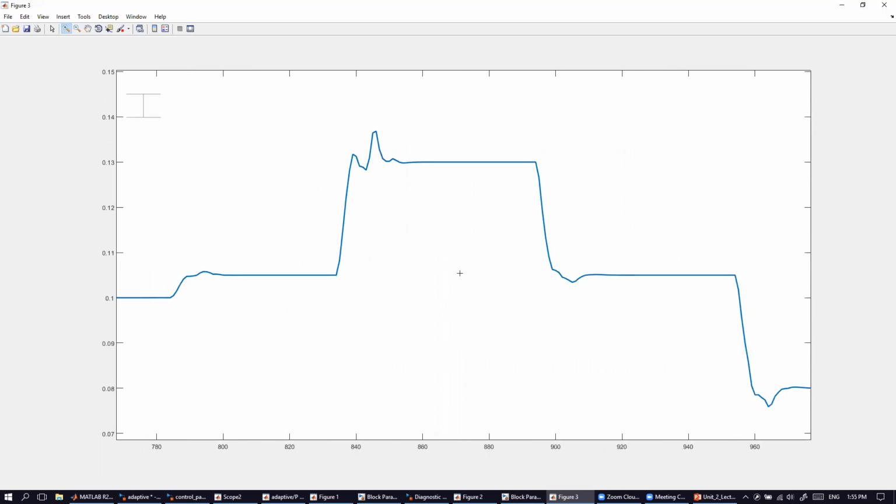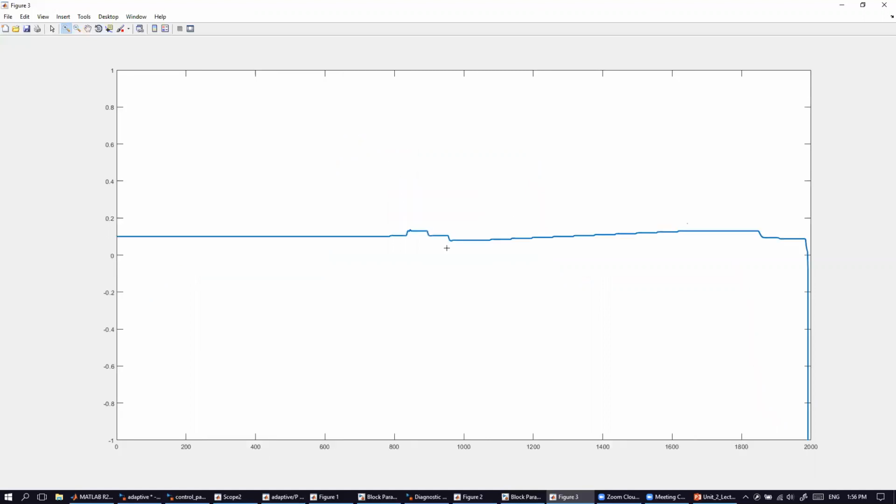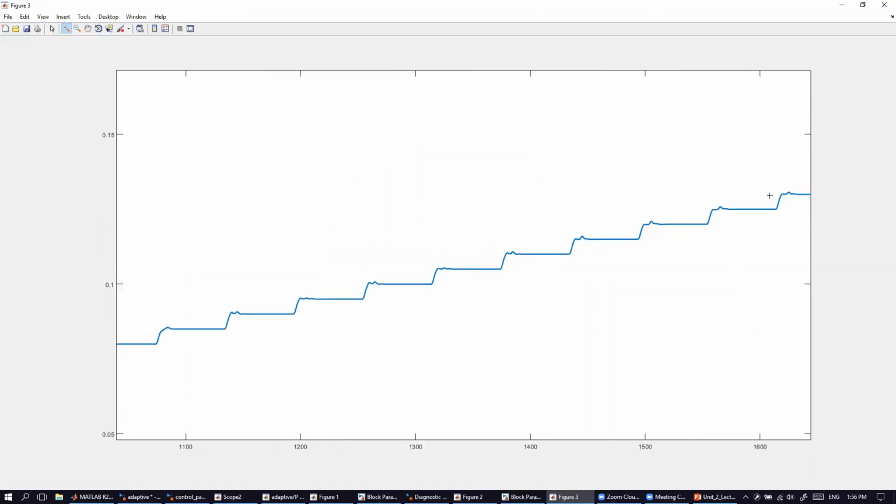For the big set point changes, when you do the adaptation, it takes quite long for the system to adapt, and in the transient region, right, we get a really bad response, right? For the small set point changes, as seen here, it is better, right, but still not good.